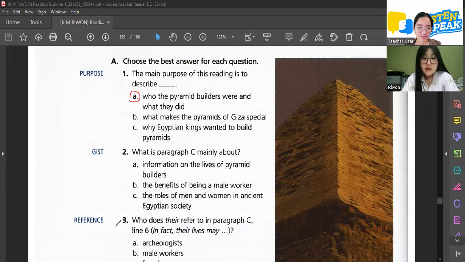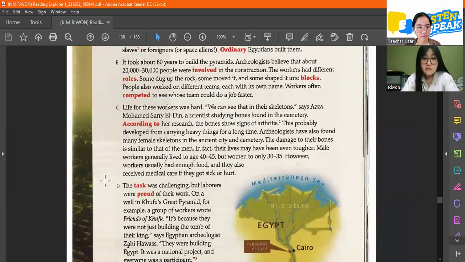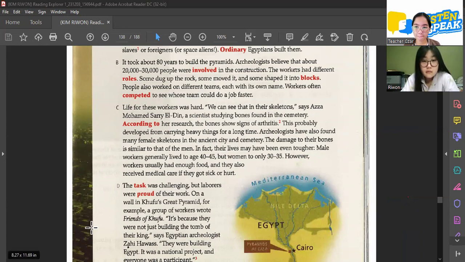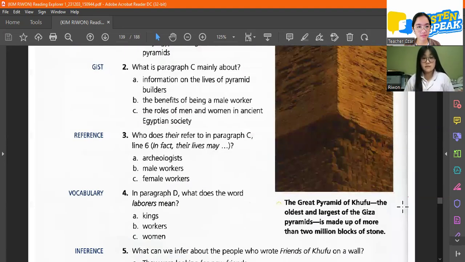About number two. What is paragraph C mainly about? Do you want to see paragraph C? Yes. Okay, let's see. It is all about the life of the workers.